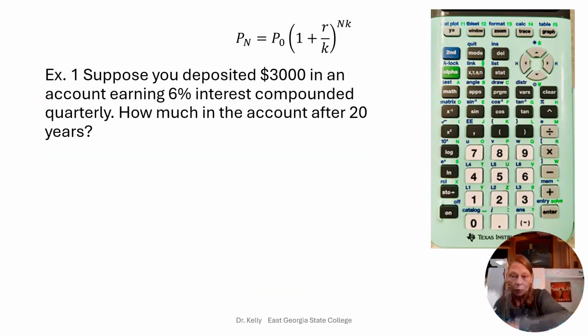Okay? All right, so let's get to our first problem. Now, let me apologize for this really low-tech solution that I had to figure out on the fly here. This is a picture of my calculator. I could not get PowerPoint to play nicely with me.